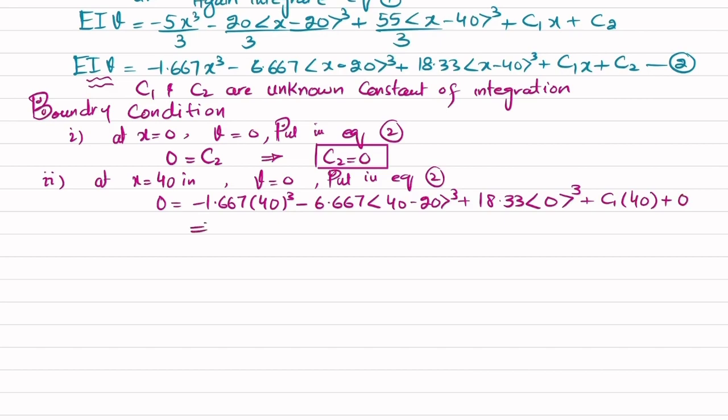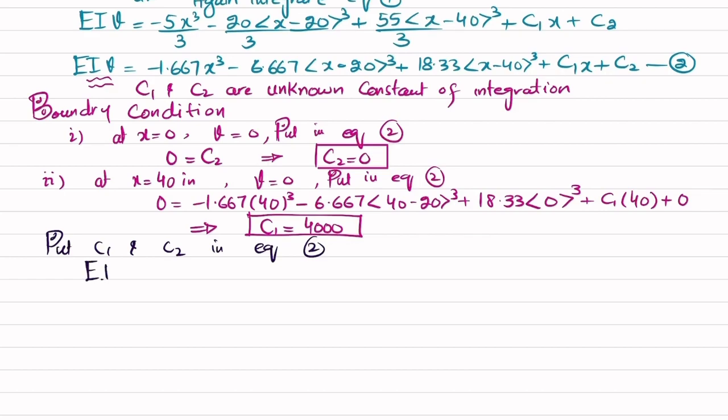So from here when you calculate it you will get C1 equal to 4000. Now you have C1 and C2. So what we will do is put C1 and C2 in equation 2 because equation 2 defines the equation of the elastic curve.